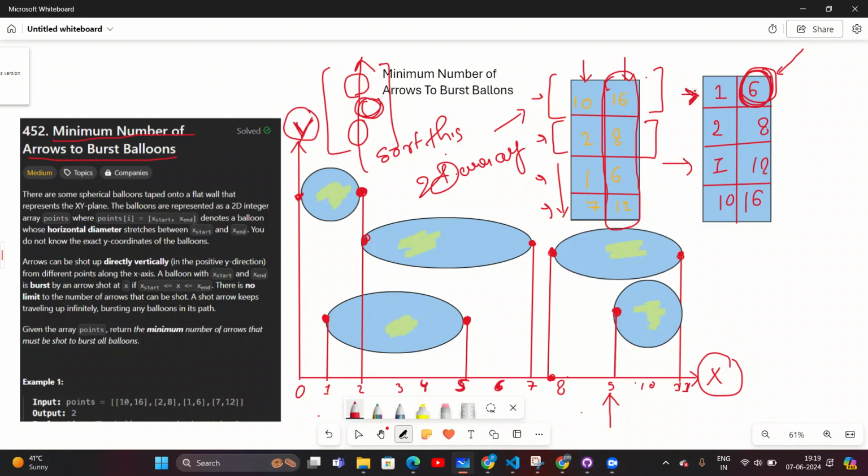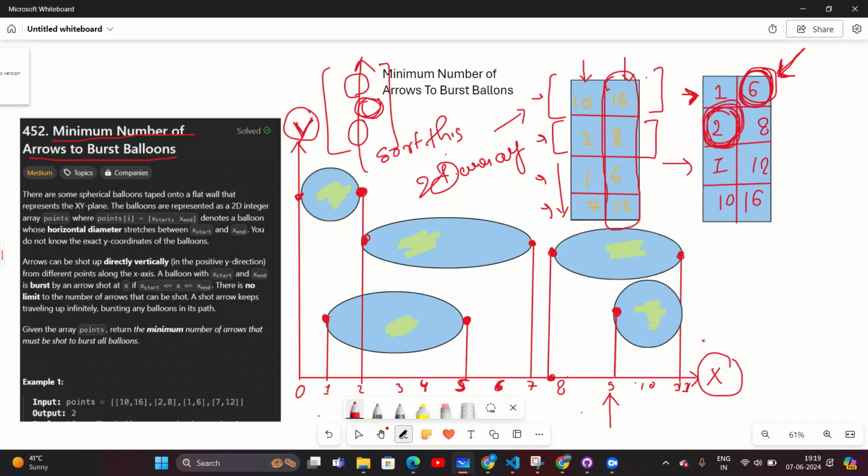And we will run a for loop, and check whether the starting coordinate of the upcoming balloon's diameter is greater than the ending coordinate of the previous balloon, that is the first balloon.